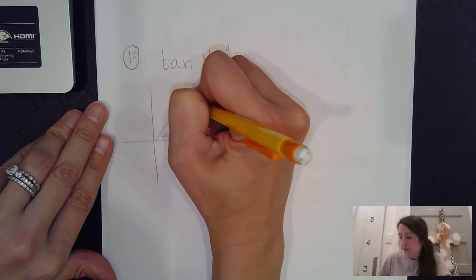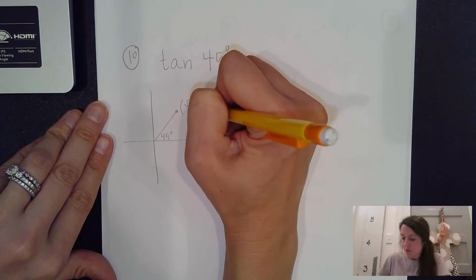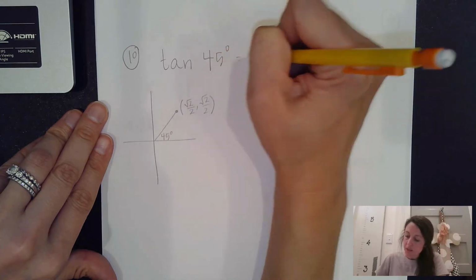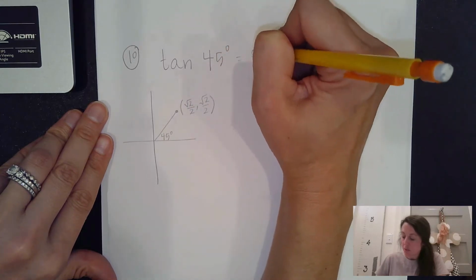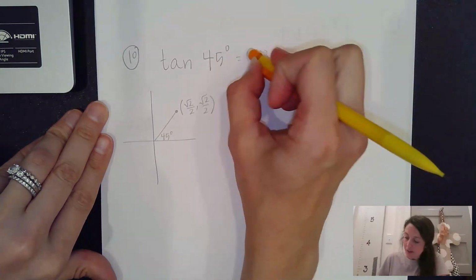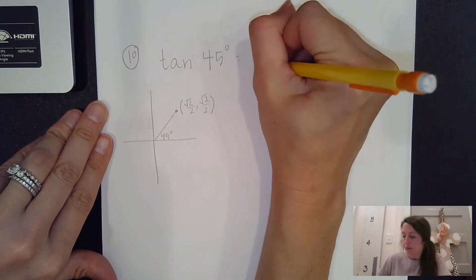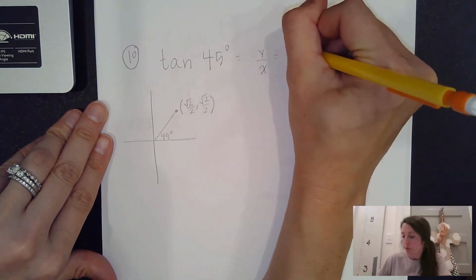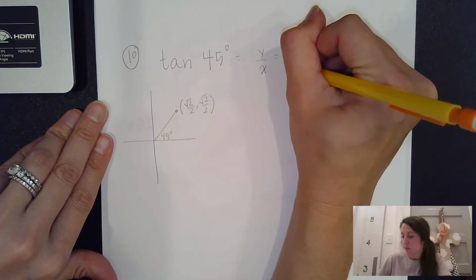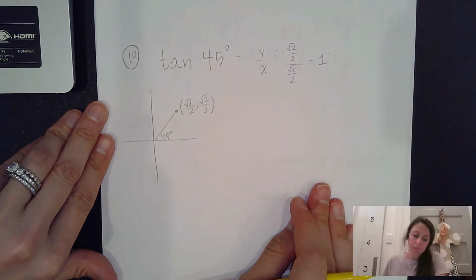The x value is square root of 2 over 2, and the y value is also square root of 2 over 2. So tangent is going to be sine of 45 degrees over cosine, or y over x. So when you put that square root of 2 over 2 over square root of 2 over 2, that's just going to give you a 1.